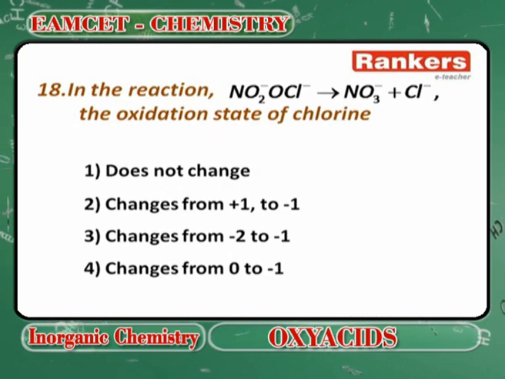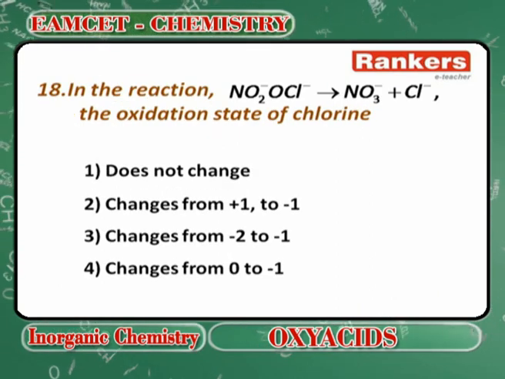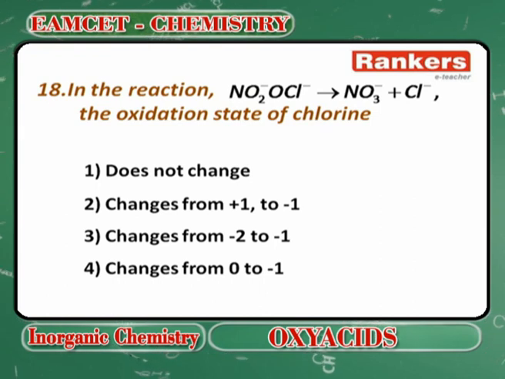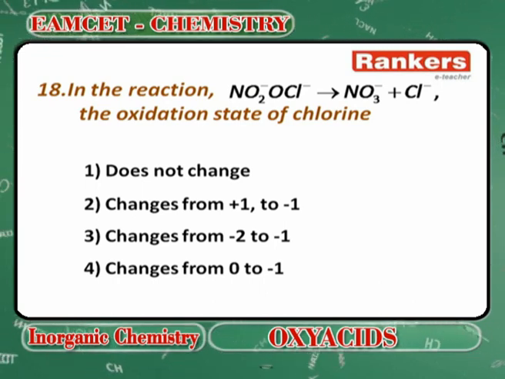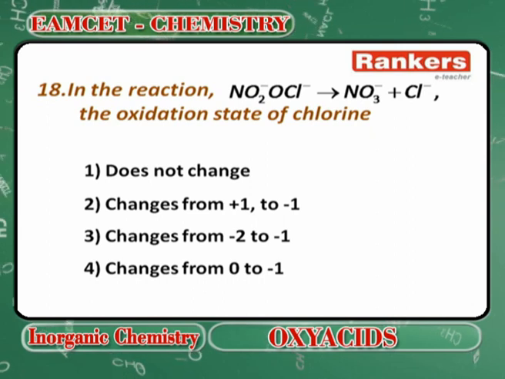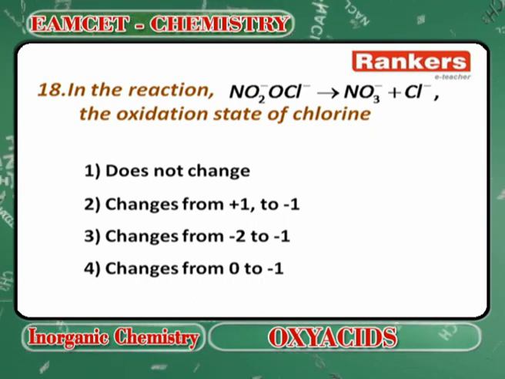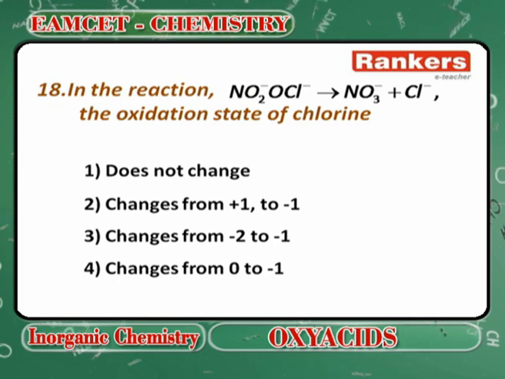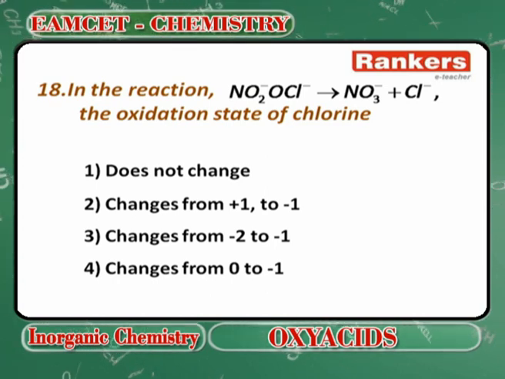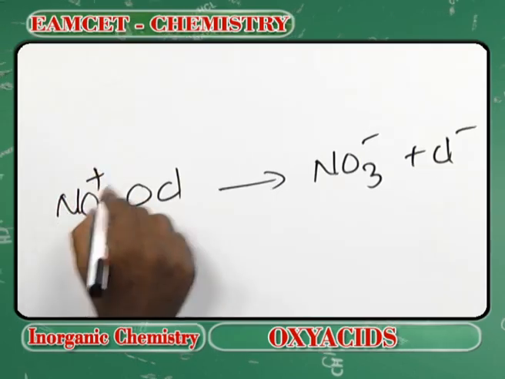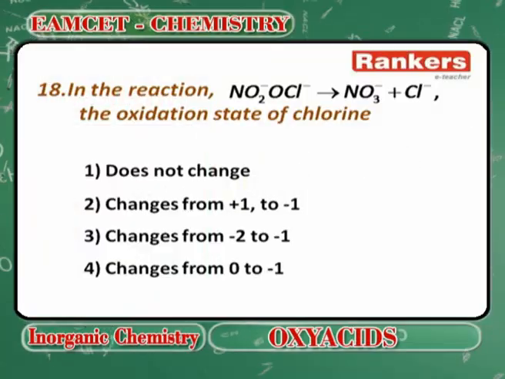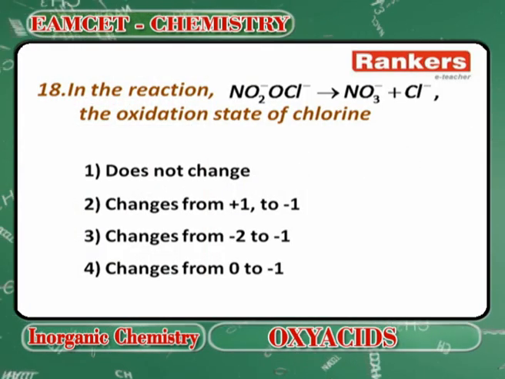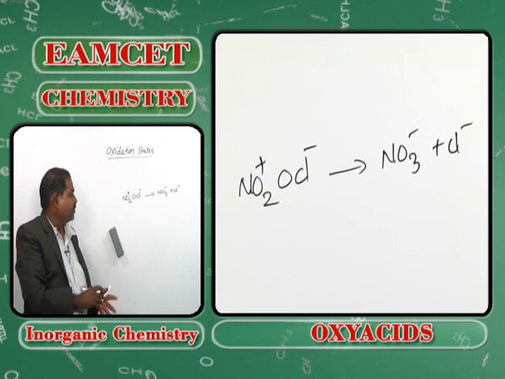Next, the reaction, let me see the question. NO2OCl, in which it is clearly given that NO2OCl changes to NO3 minus and Cl minus. NO2 plus, OCl minus. You don't need to make any correction, forget whatever it is.